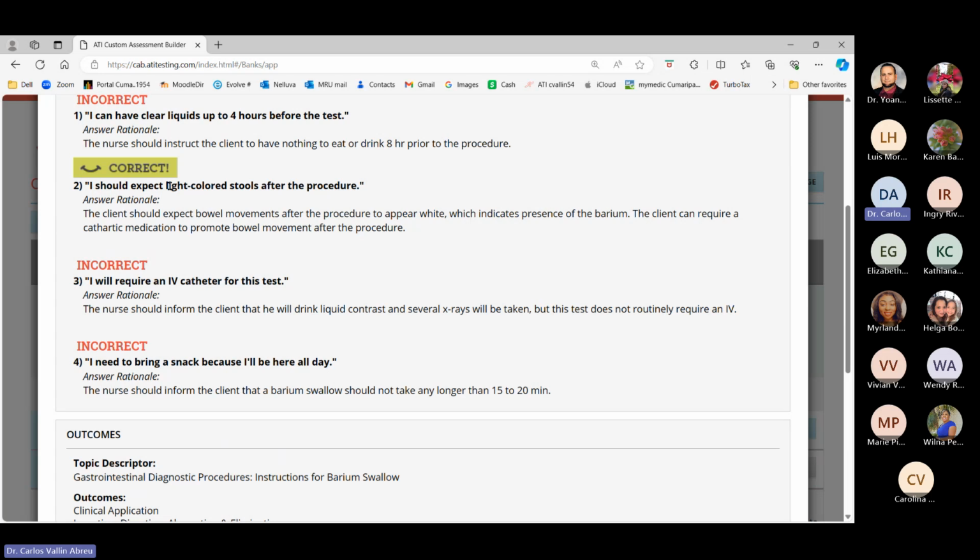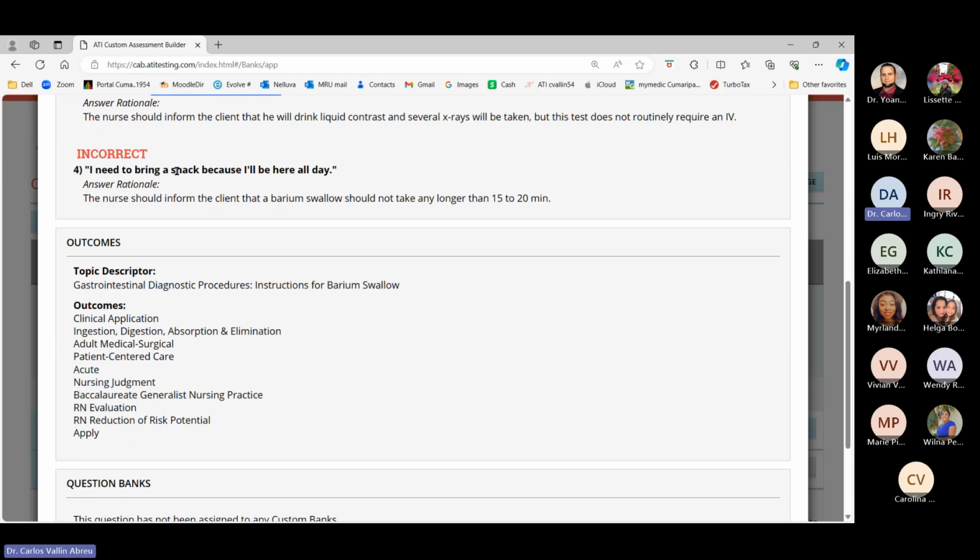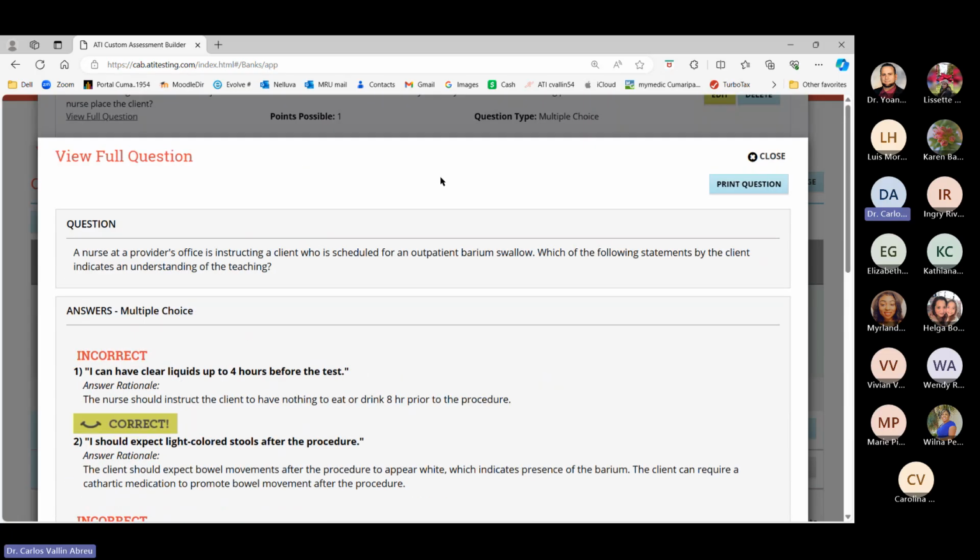I should expect light colored stool after the procedure. Yes, white stool. You need to warn the client. It is correct. I will require an IV catheter? No, because it's swallowing, it's not IV. I need to bring a snack because I will be here all day. No need for being all day.